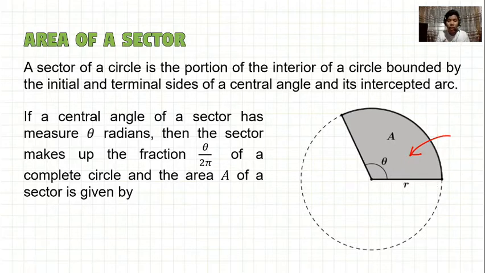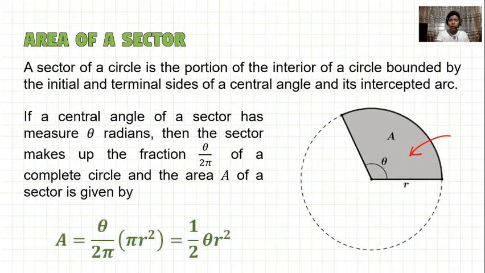And the area A of a sector is given by this formula. A is just equal to theta over 2 pi times the area of the circle. Since theta over 2 pi is just the portion, to find the area we need to multiply the whole area of the circle by that portion, right?